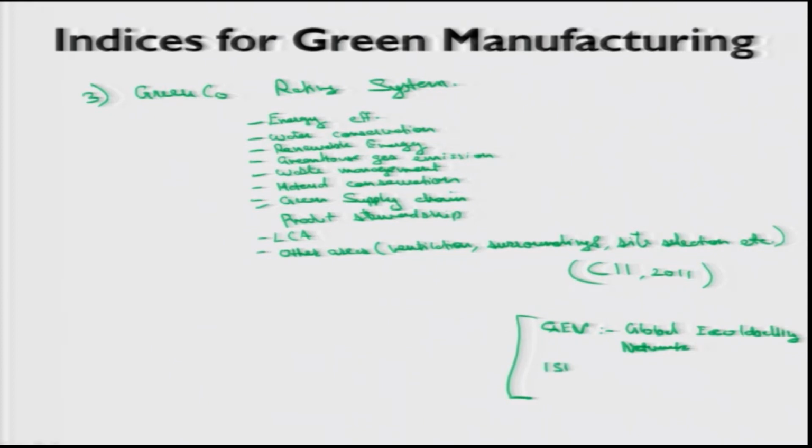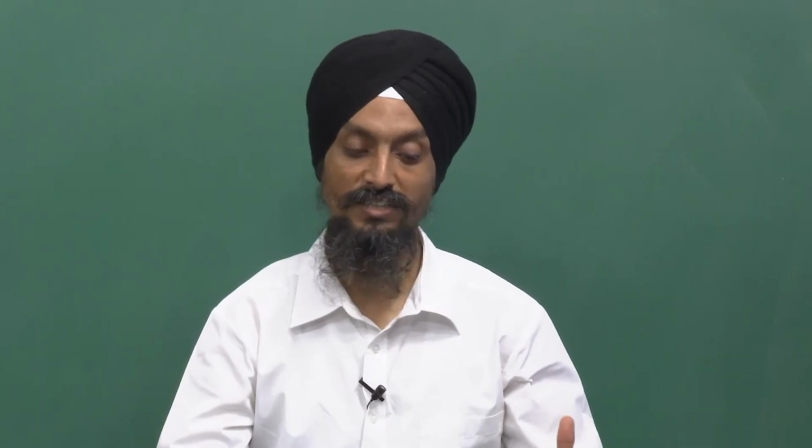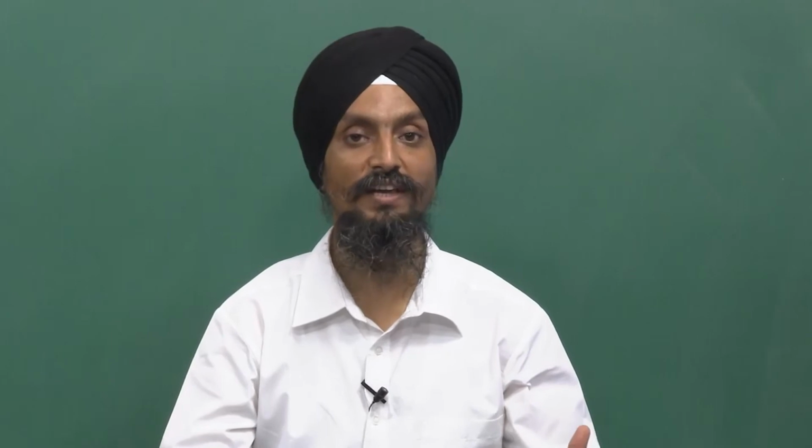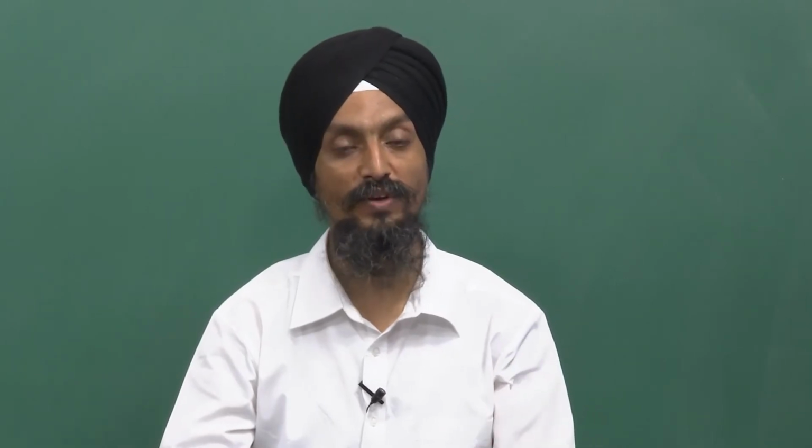So the I seal is there. Then we have European Green Capital. So with this I will conclude this lecture, and we will come up with the green manufacturing system model in the next lecture. In this lecture I have discussed various indicators at product level and industry level, which give us the level or state of our manufacturing concern or product. Thank you.